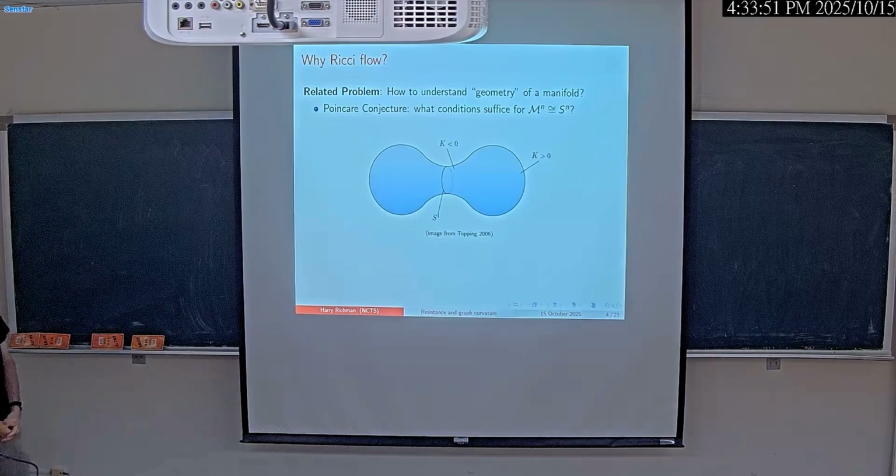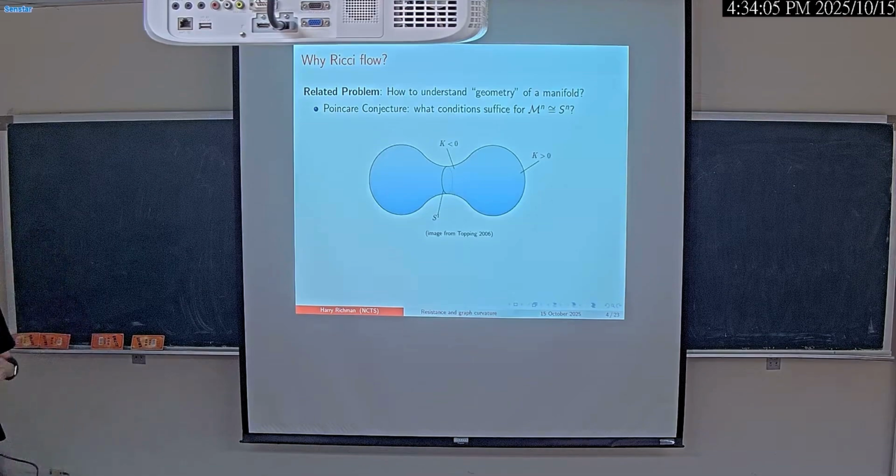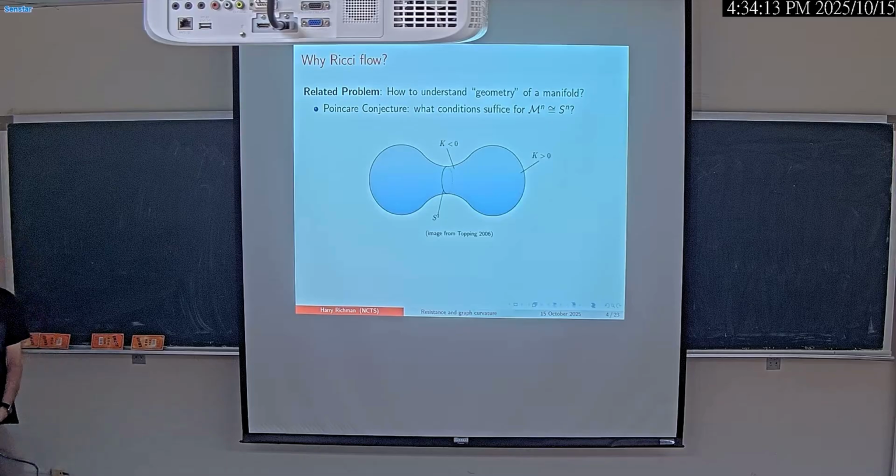One big reason that Ricci flow became a popular topic is it was used to solve the Poincare conjecture. The Poincare conjecture concerned what conditions on a given manifold of a given dimension suffice to show that the manifold has to be homeomorphic to a sphere.